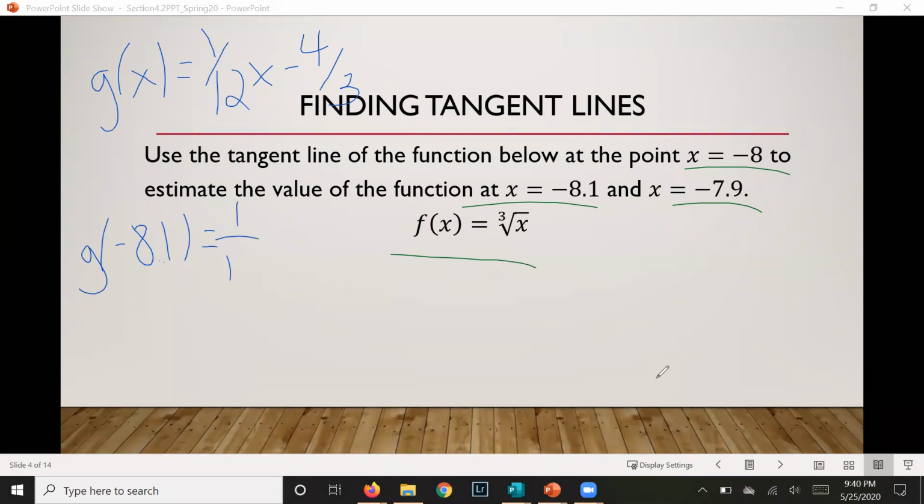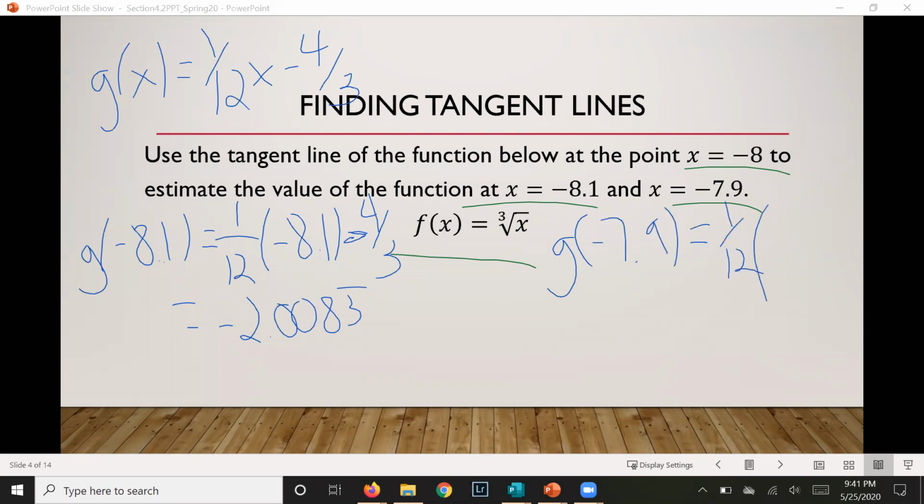So we'll do 1/12 times -8.1 minus 4/3. We can work that out on our calculator, and we end up with -2.0083 repeating.